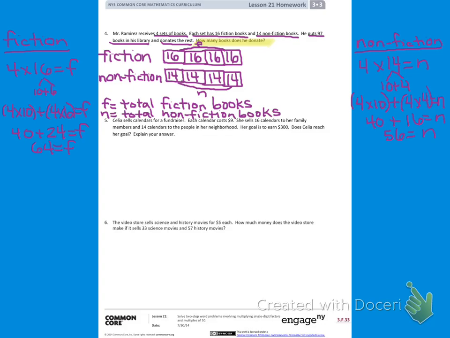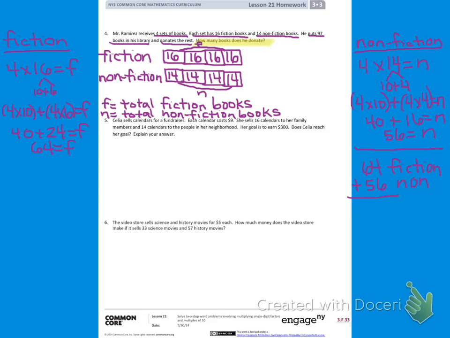So let's take the totals of fiction. That's 64 fiction. And 56 nonfiction. And add them together to see the total amount altogether that he received.